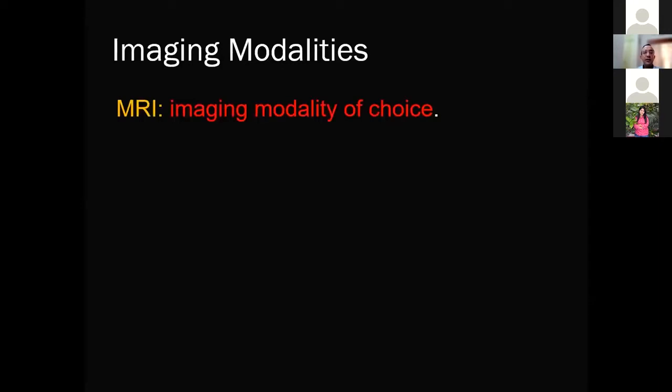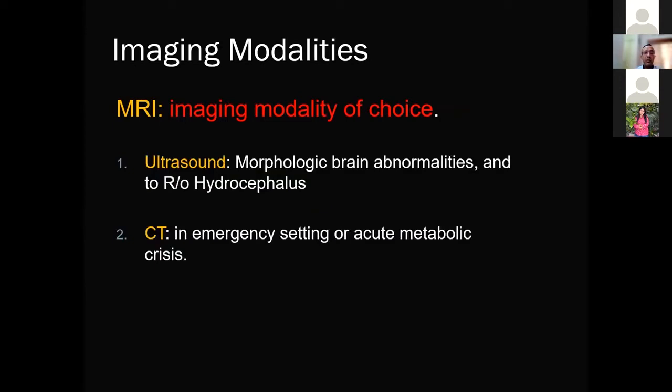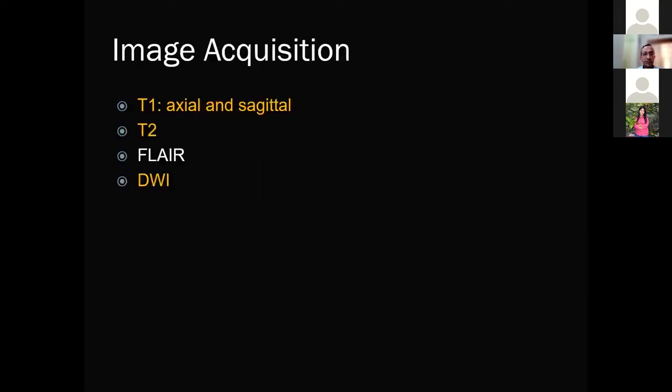Among imaging modalities, MRI is the modality of choice for evaluating the various white matter disorders. Ultrasound may be helpful in delineating morphological brain abnormalities or hydrocephalus, especially in infants, and CT is the mainstay in the emergency setting or in acute metabolic crisis.